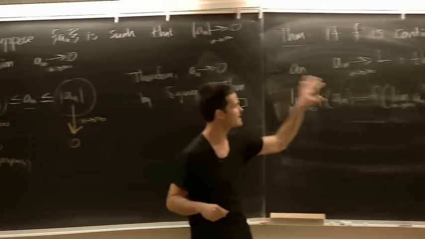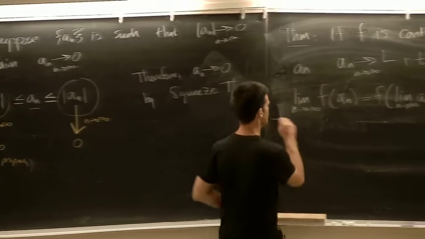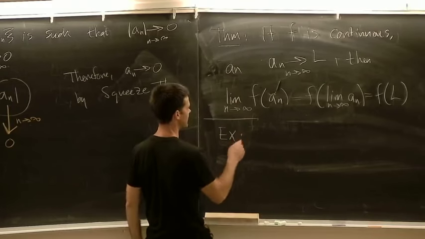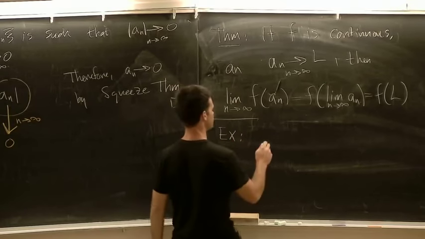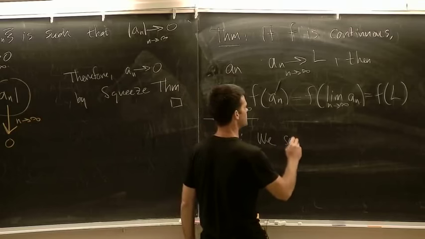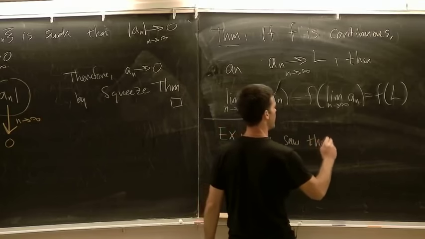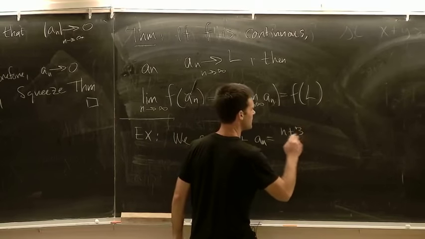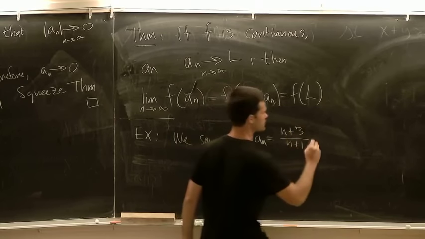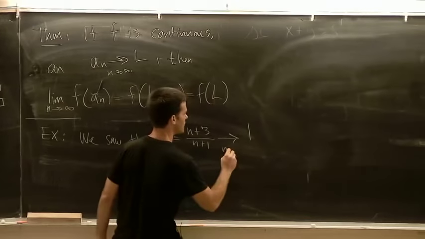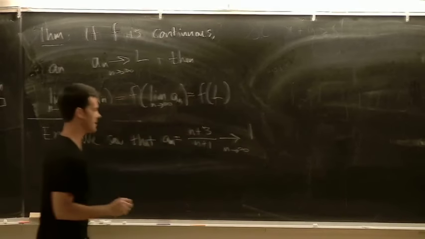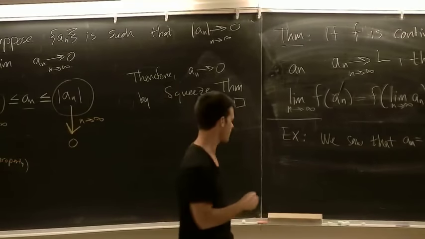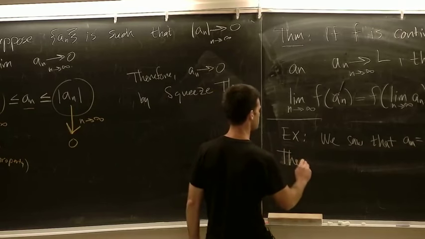With continuous functions, that's the crucial property: if they're continuous, you're allowed to move limits inside functions. So for example, we already saw that an equal to n plus 3 over n plus 1 converged to 1 as n goes to infinity.